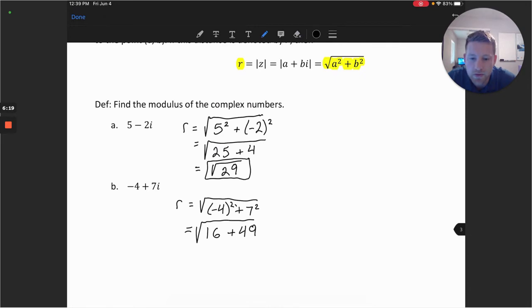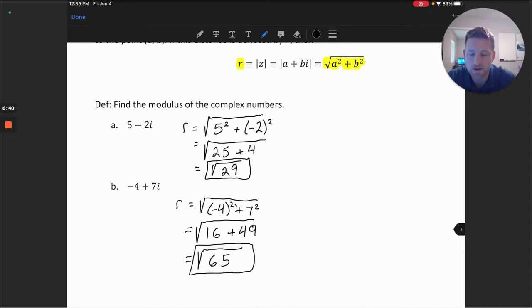If we add those together, we'll get 65. So we'll have the square root of 65. Taking a look at that number, I don't think there's any way to reduce that number at all, so we just have the square root of 65 as the modulus.